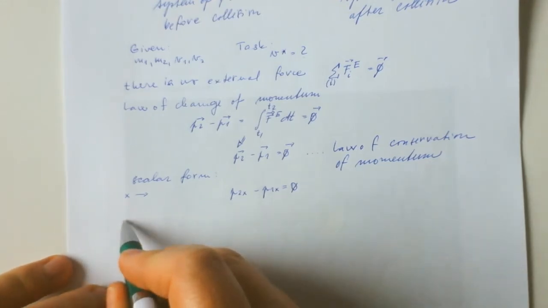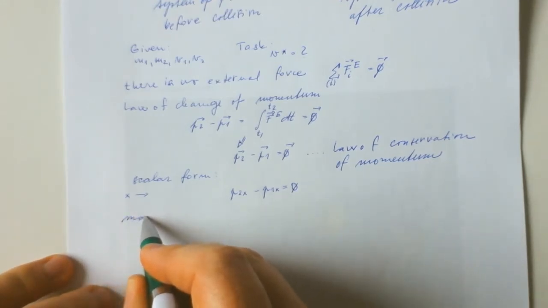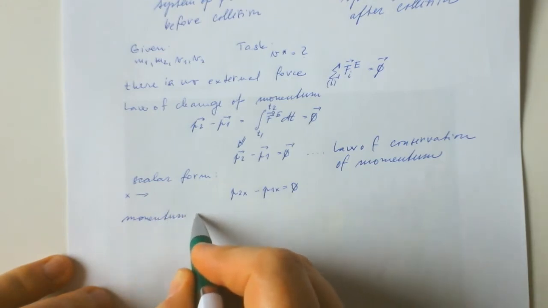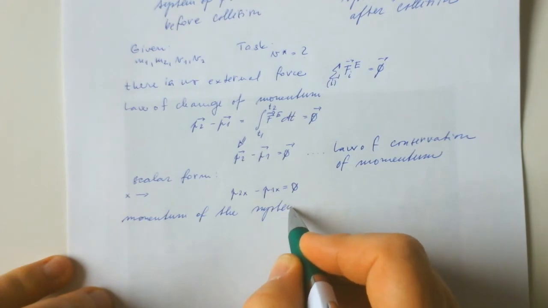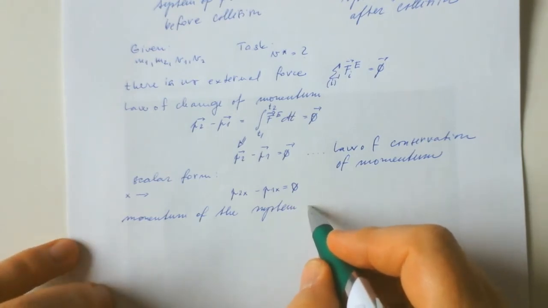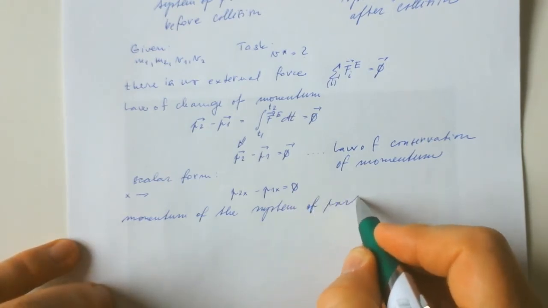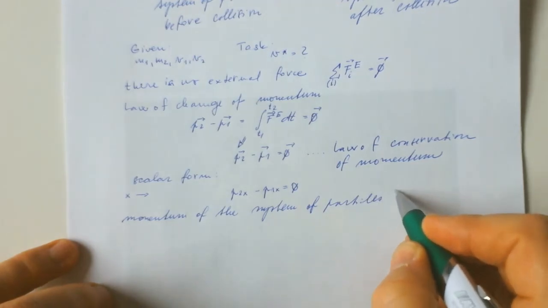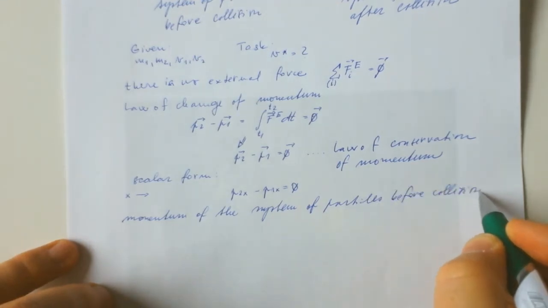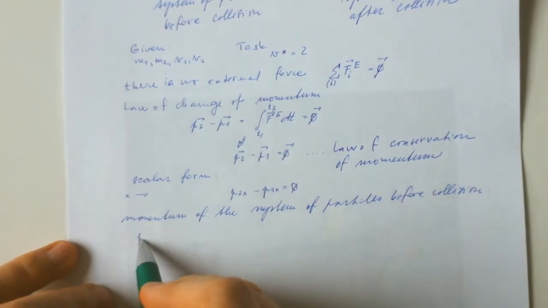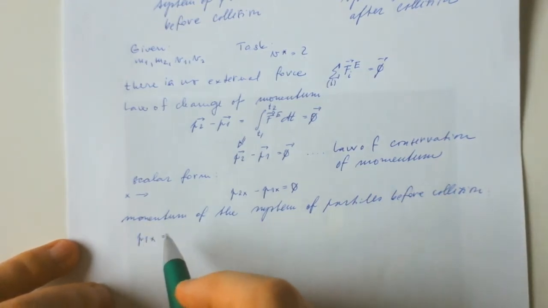The momentum of the system of particles before collision is p1x.